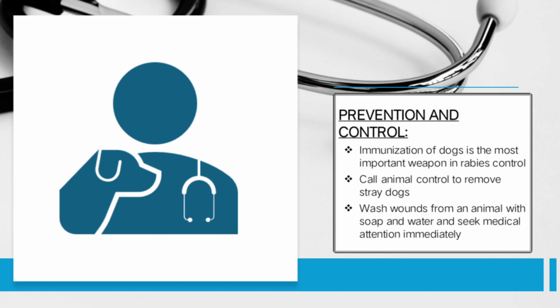When you are taking care of an animal, if you see your pet has a wound on any of its body parts, you should immediately wash it and get medical attention, and then you can call animal control to remove the stray animals.